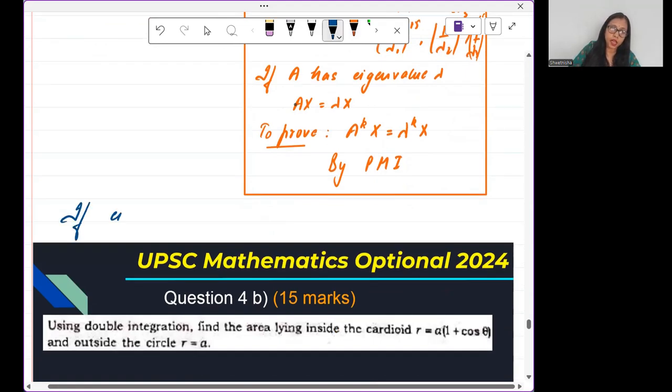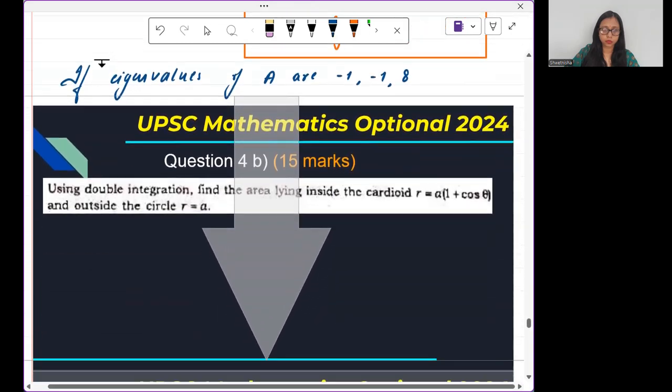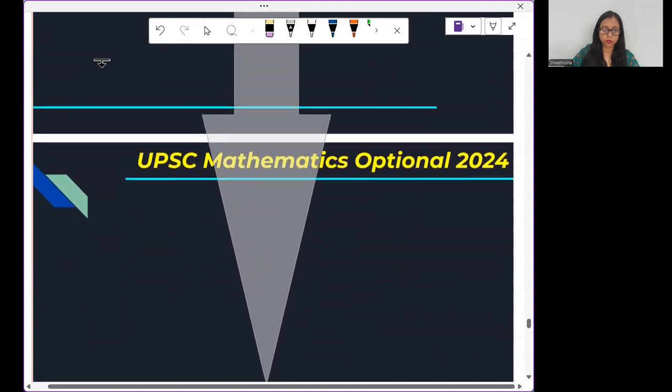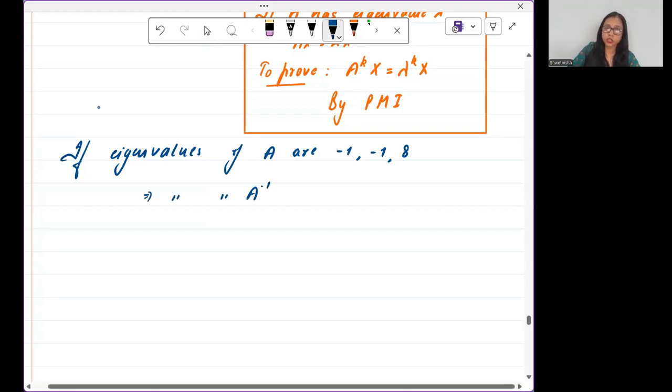So if eigenvalues of A are -1 and 8, it implies eigenvalues of A inverse are -1 and 1/8.